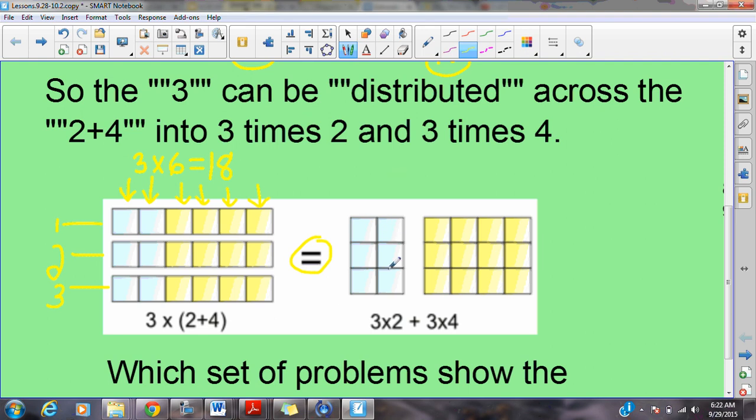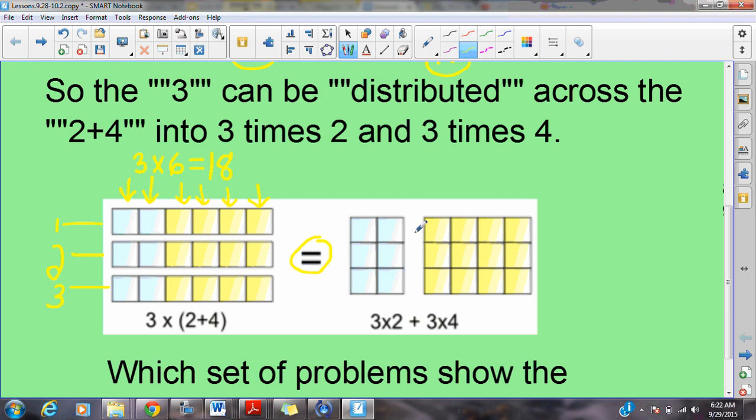Up top, it's saying that 3 times 2, so it took apart the picture, and it's multiplying the rows here, which are 3, times the columns, which are 2. And so we can see that we have 6 total blocks that are colored in light blue.